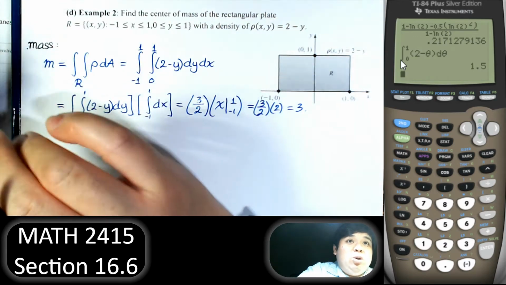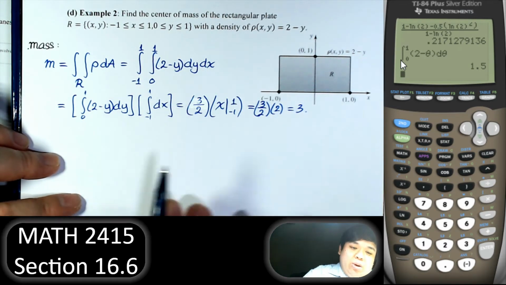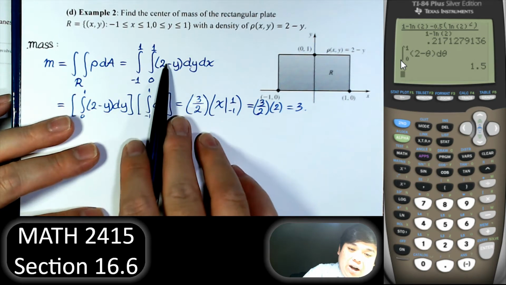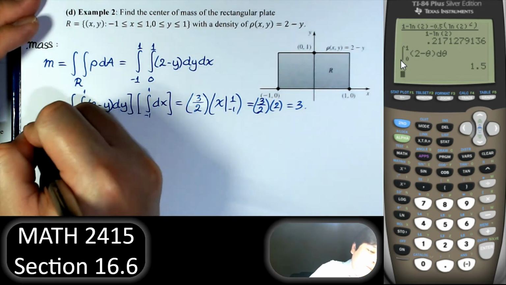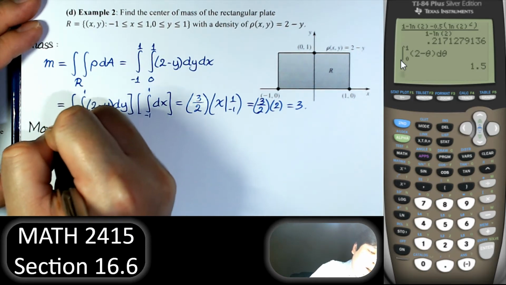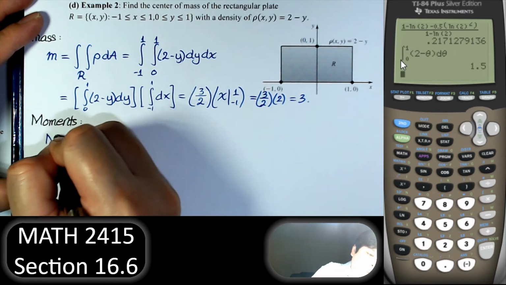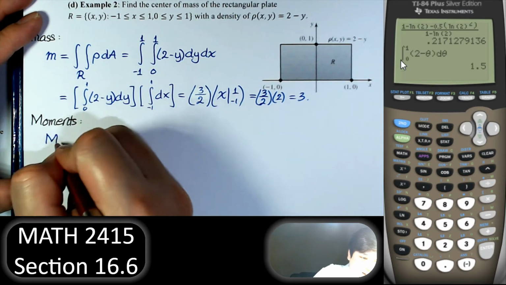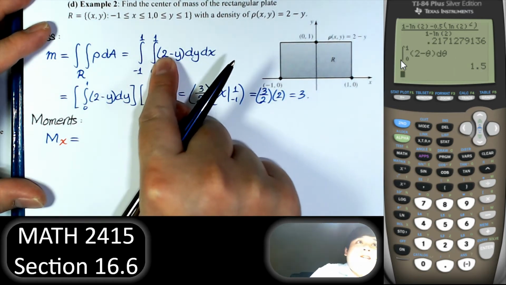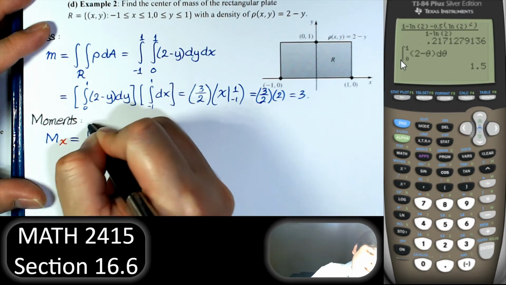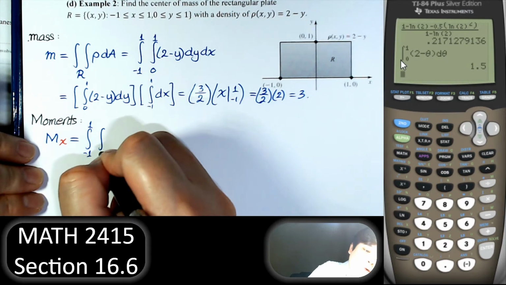As mentioned before, with the calculated density, the mass is 3. It's not a centroid. Right now we calculate moments. Moment with respect to x. I'm just sticking x to this, and that would be totally wrong.